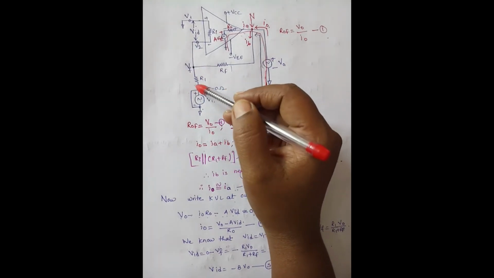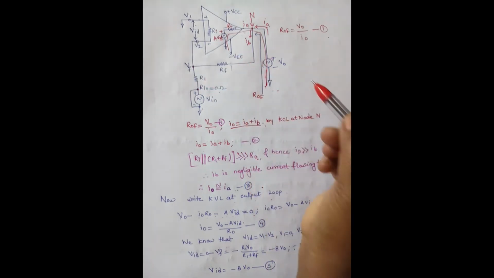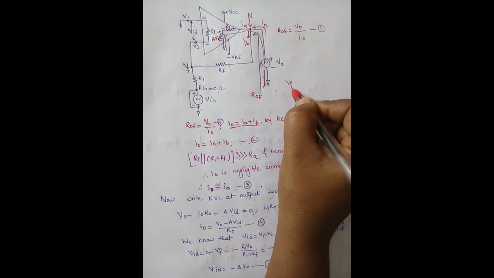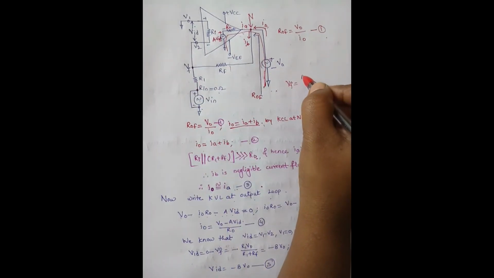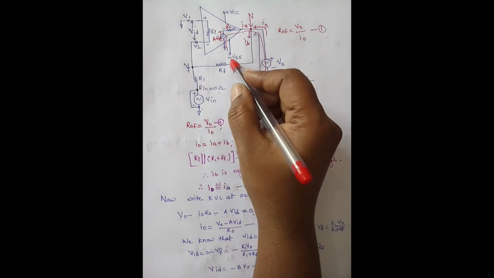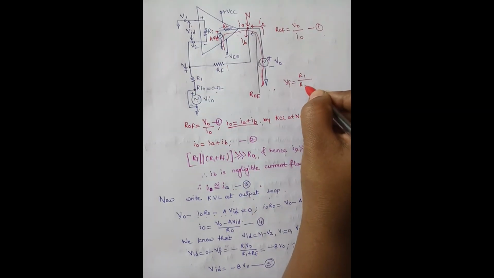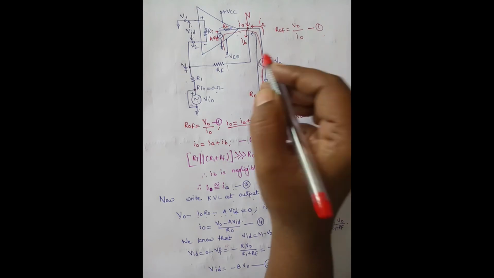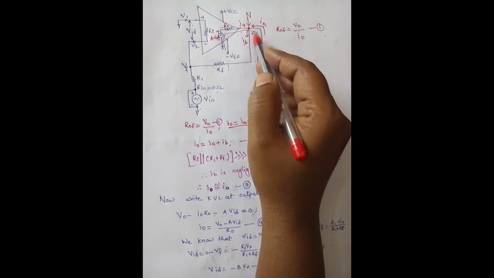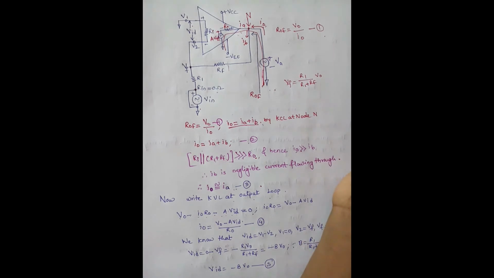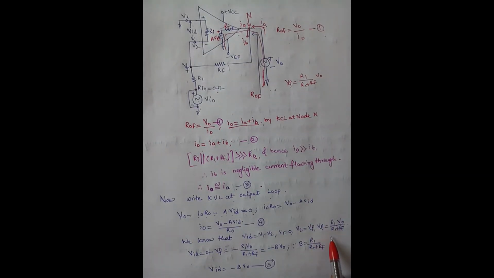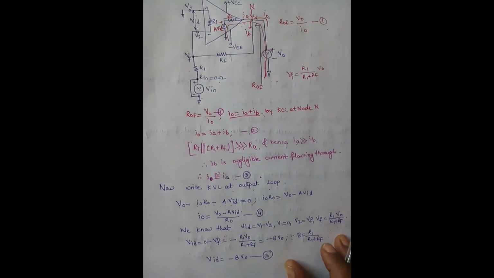When we apply the voltage divider rule, the VF voltage, which is the voltage across R1, is R1 divided by the resistance of the voltage divider, R1 plus RF, and what is the input to this network? The output voltage V0. So VF is nothing but R1 into V0 divided by R1 plus RF. Okay. Now VID is V1 minus V2.